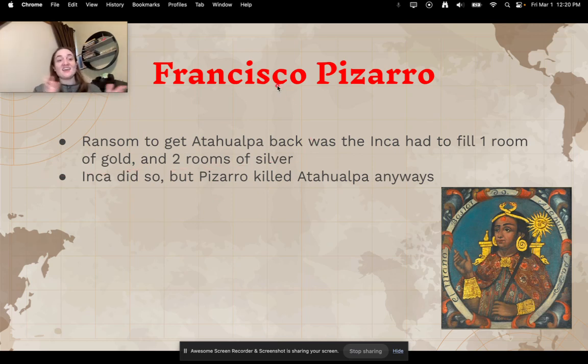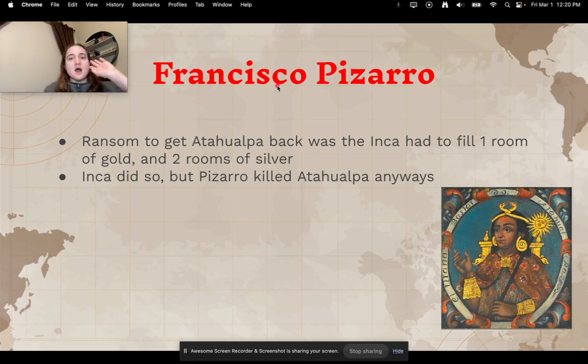So Pizarro, he's like, hey, I got your emperor, Atahualpa. You can have him back, but you must fill one room of gold and 2 rooms of silver as a ransom. Okay? So the Inca Empire was like, oh my gosh, we got to get our emperor back. Sure, fine, whatever.